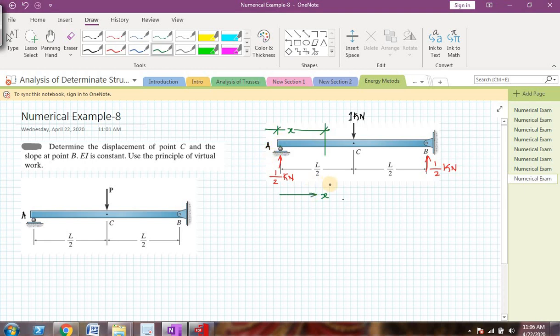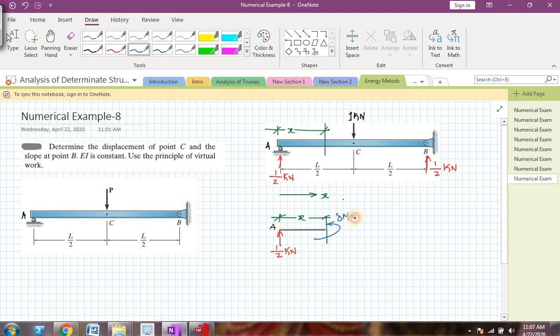Now let me draw that segment separately here. There is a reaction of half kilonewton and a section at a distance x from point A. So here we will have a moment, let me call it delta m.